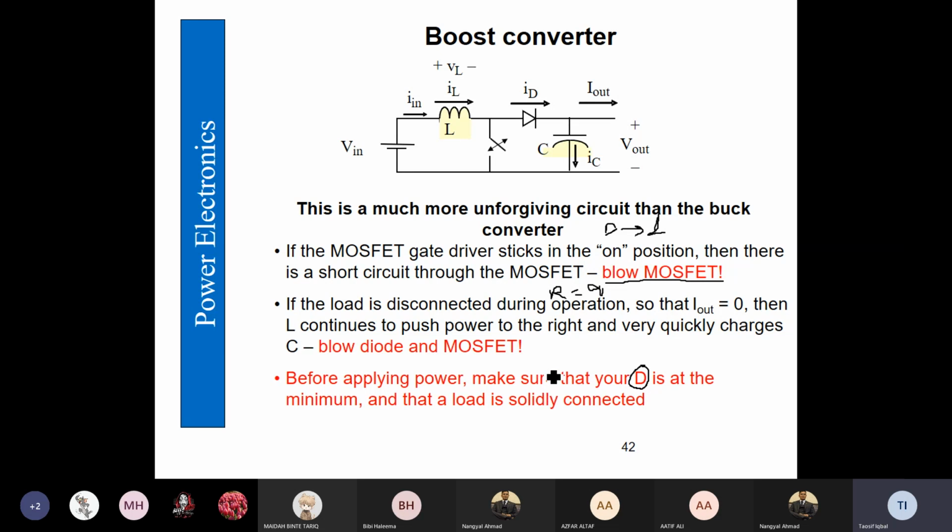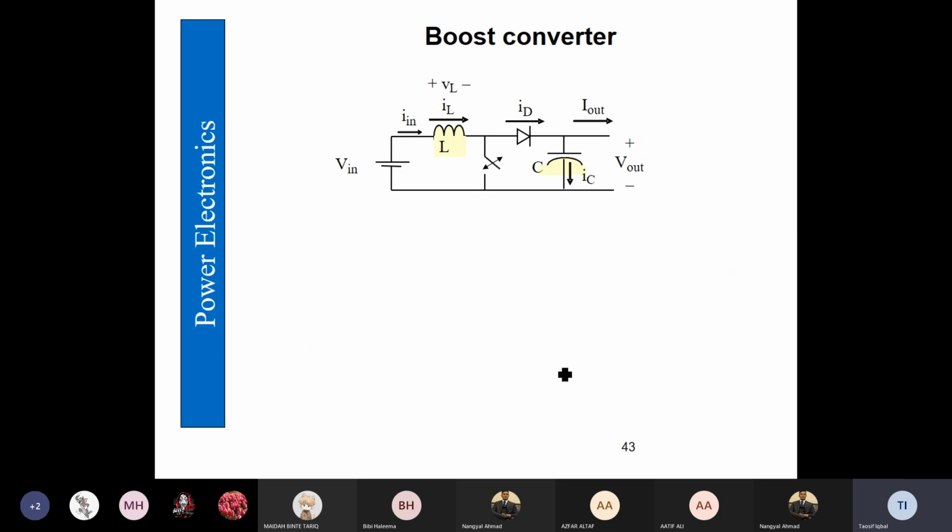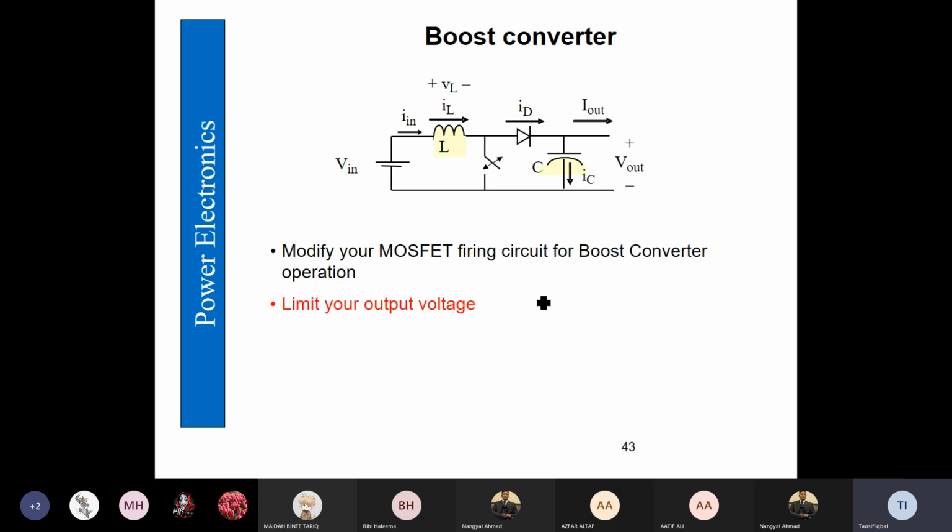There should not be any loose connections between the converter and the load. So as we have seen, the boost converter is not forgiving, it is a very stringent type of converter, and it could go into instability mode very easily.